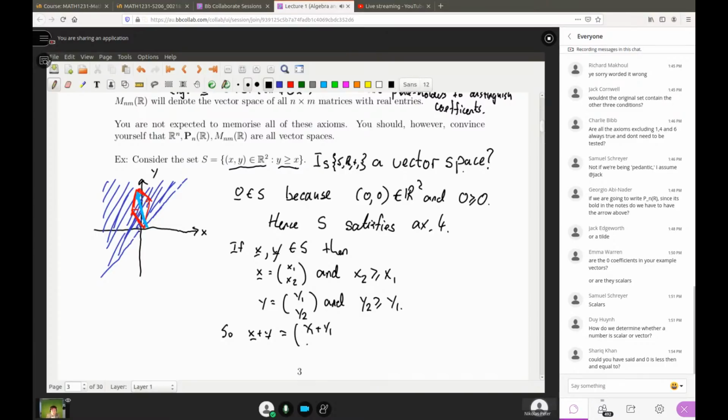Now we're going to show it's in S. That means the sum is an element of R2, no prizes for knowing that, and x2 plus y2, well, x2 is greater than x1, and y2 is greater than y1. Hence S satisfies axiom 1, the closure under addition axiom.